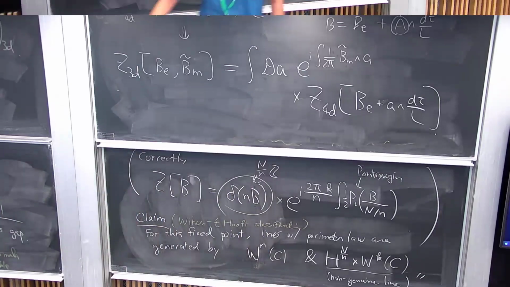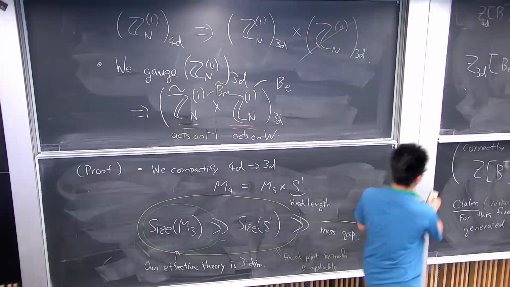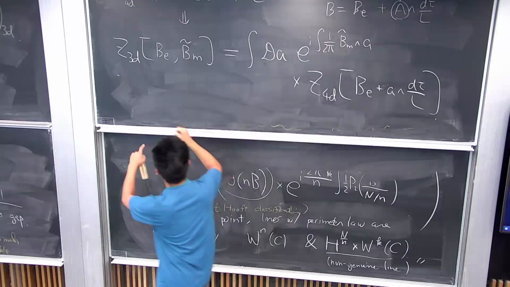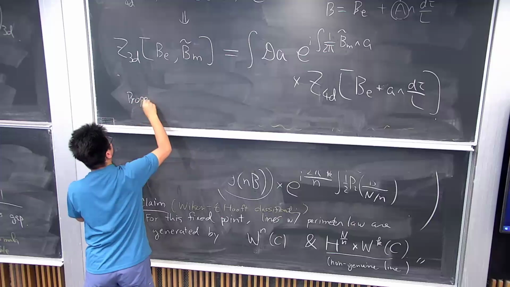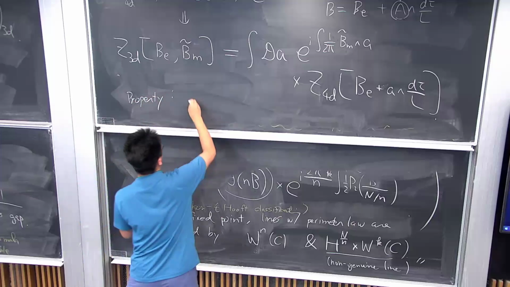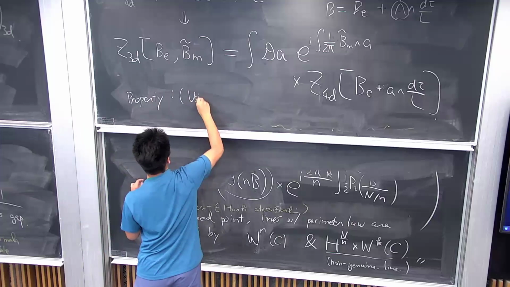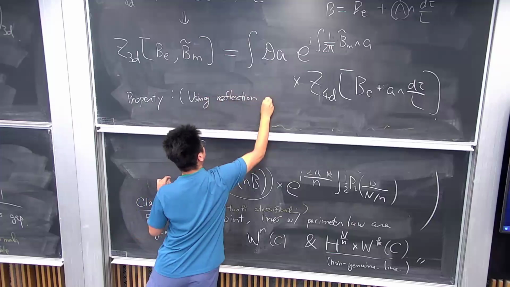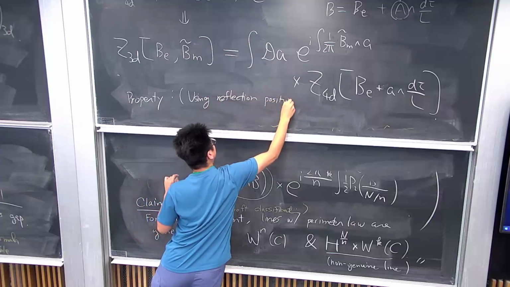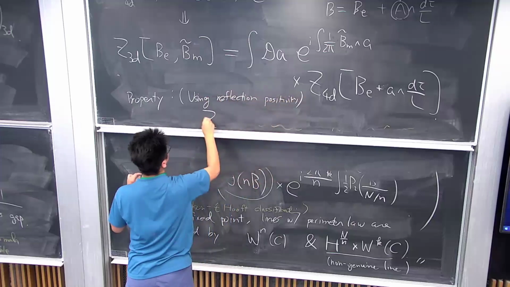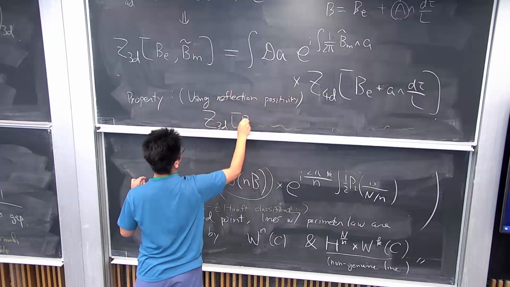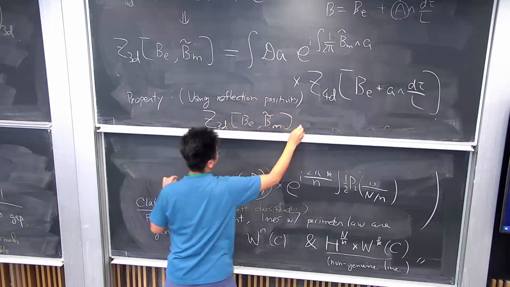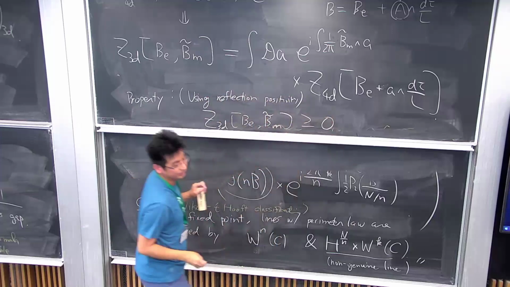And an important property is that we can show, using reflection positivity, that this 3D partition function with generic one form symmetry background is positive definite.